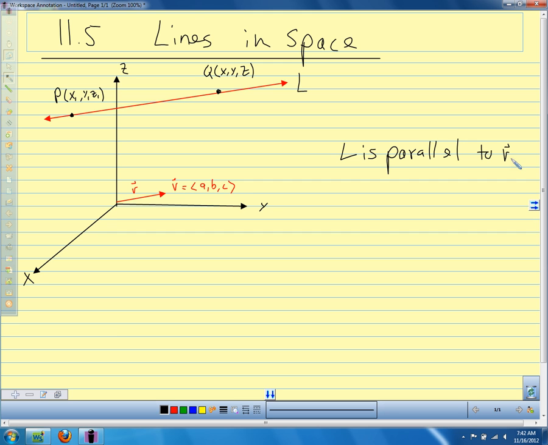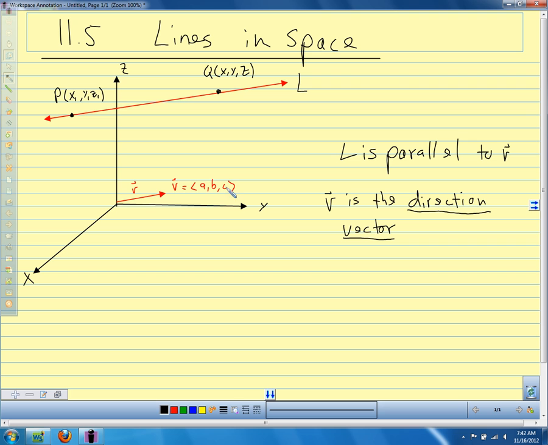So this is a setup for how we're going to analyze lines in space. We'll have a vector that our line is parallel to. We call this vector the direction vector for the line. So this just tells us the direction of the line, because our line is parallel to this vector.